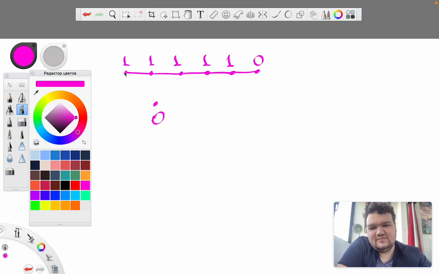Then in the beginning we can only remove this vertex and this vertex. When we remove this one, the degree of this vertex becomes equal to 1. So basically we remove this chain left to right, and we can insert this vertex anywhere in that order.